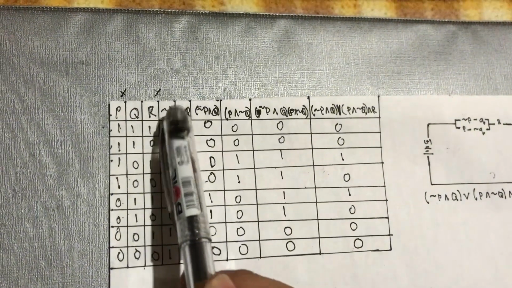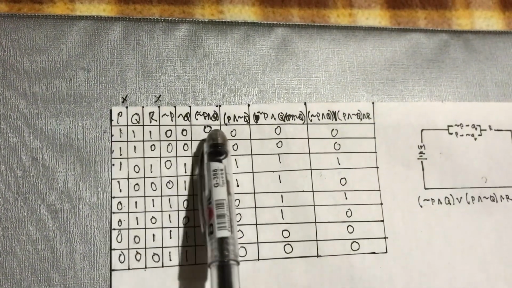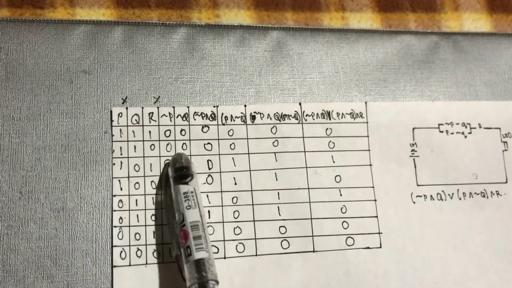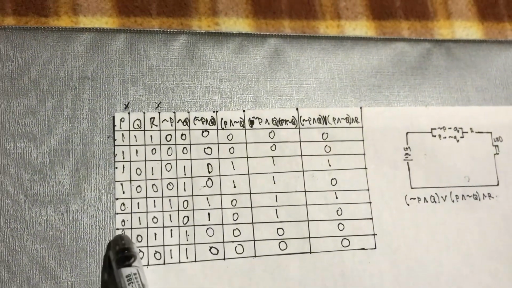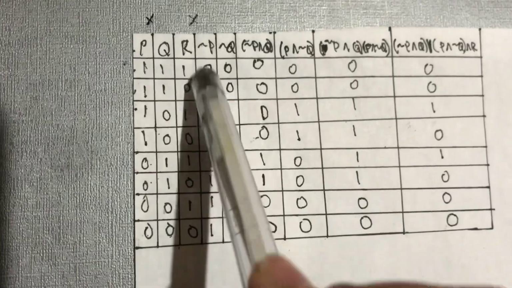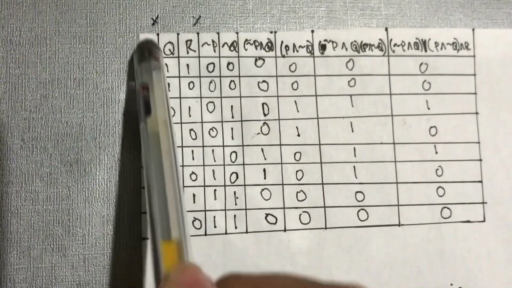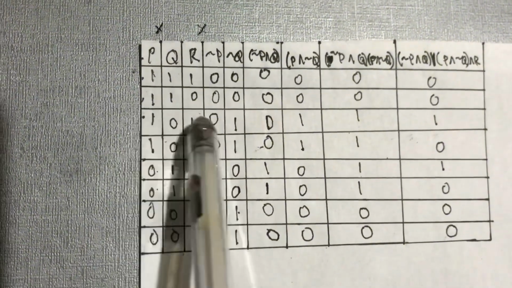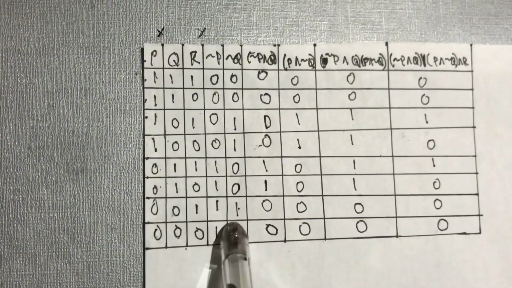Negation of P, we have to find it here. So to get the column of negation of P, we have to base it over here in the P. So 0, 0, 0, 0, 1, 1, 1, 1.